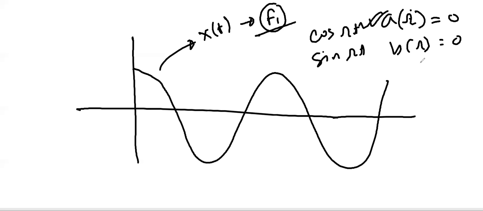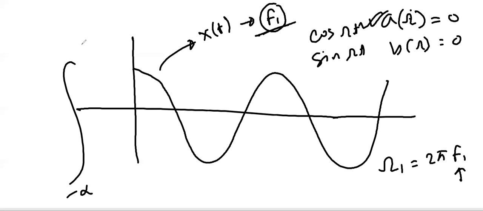Why am I talking about f1? Because omega 1 is equal to twice pi f1. Only for f1 you have some positive value or some negative value when you summarize things, from minus infinity to plus infinity, and that can be proven by the graphical representation.